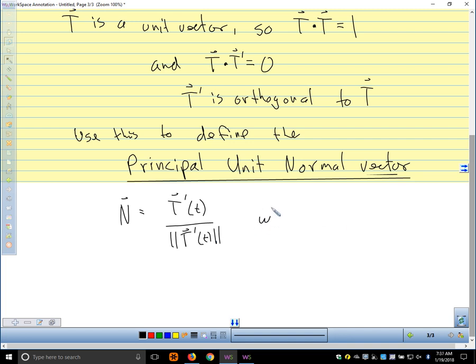And we're saying where T prime of t is not 0.